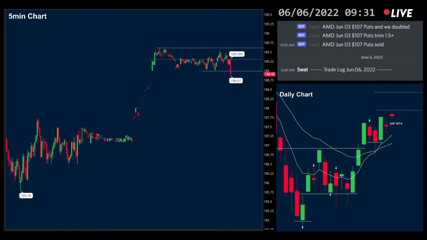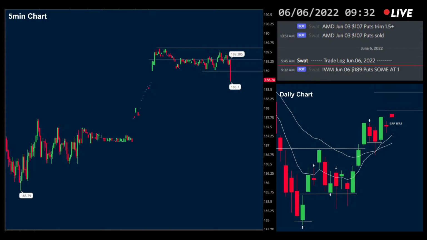I got some puts on IWM. Filling the gap on IWM. Tesla fading.